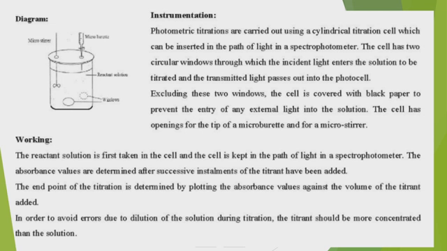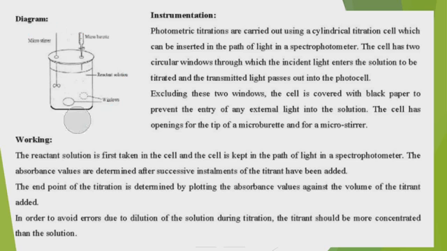Such a titration cell is used for such titration curves. The photometric titration cell is a cylindrical titration cell which can be inserted in the path of light in the spectrophotometer.